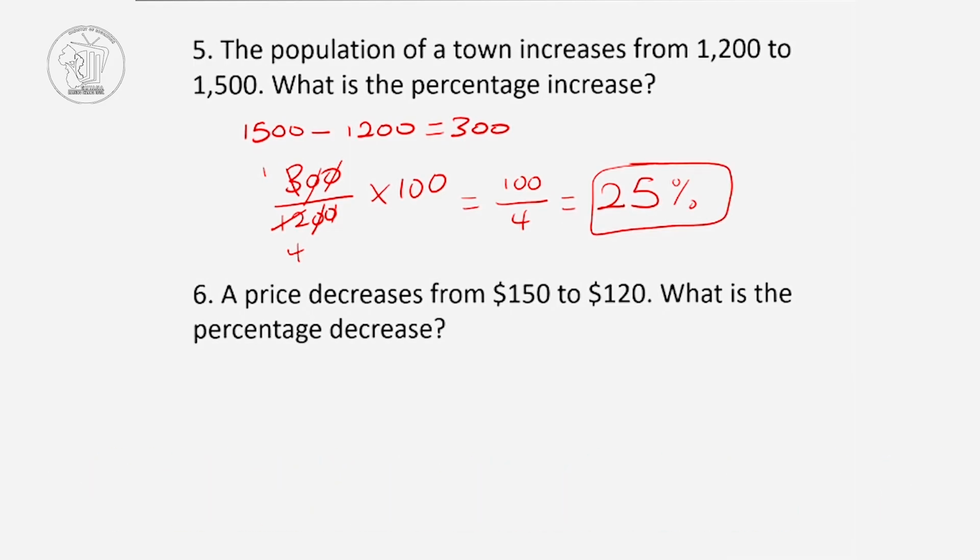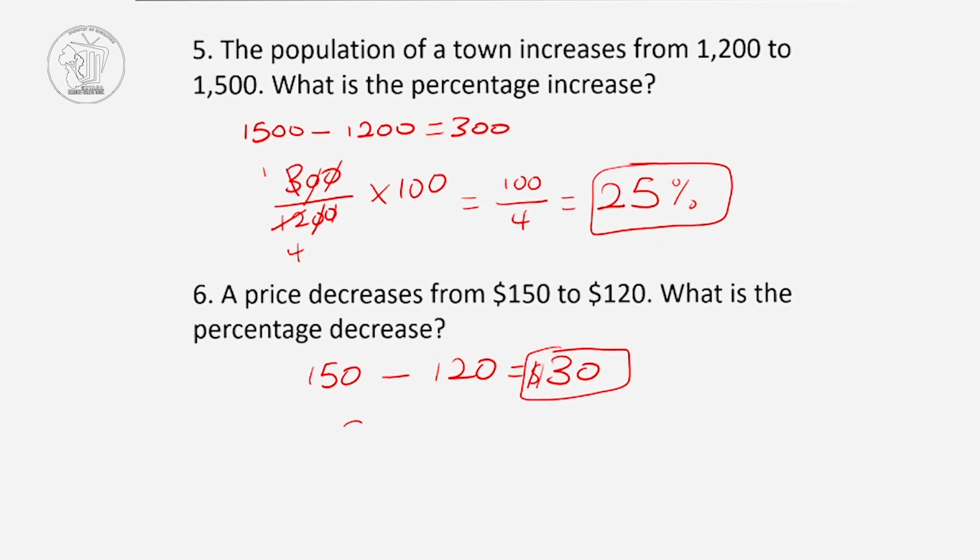The next one, a price decreases from $150 to $120. What is the percentage decrease? So we see the decrease would be 150 subtract 120. This will give us $30. So probably the item is expiring, so they want to sell it out.